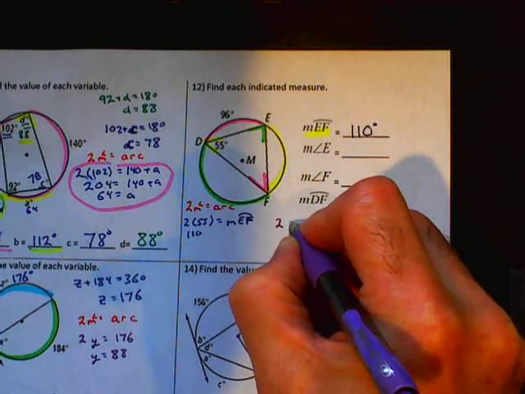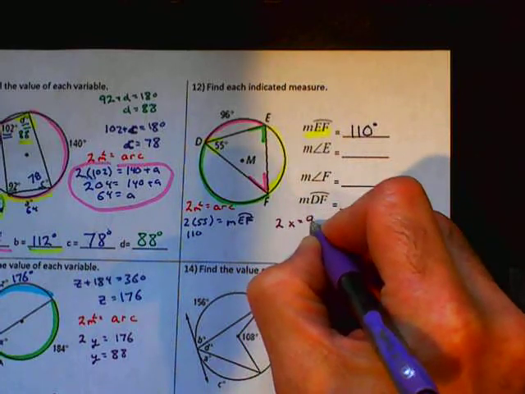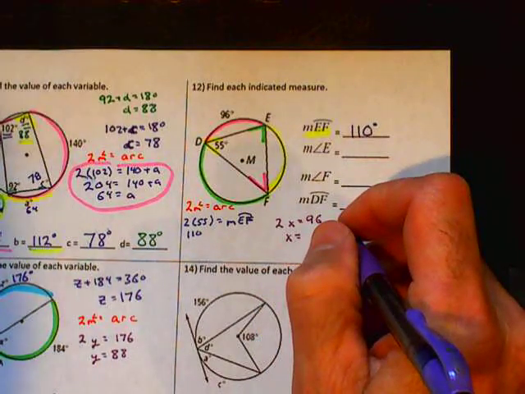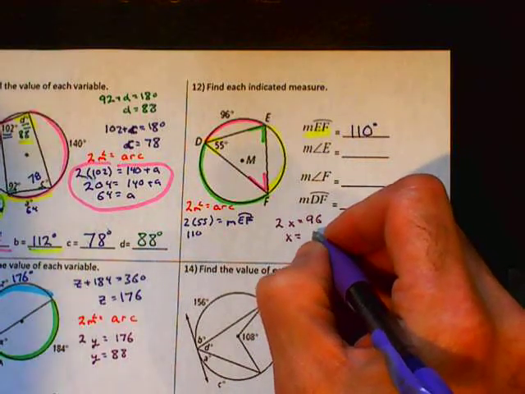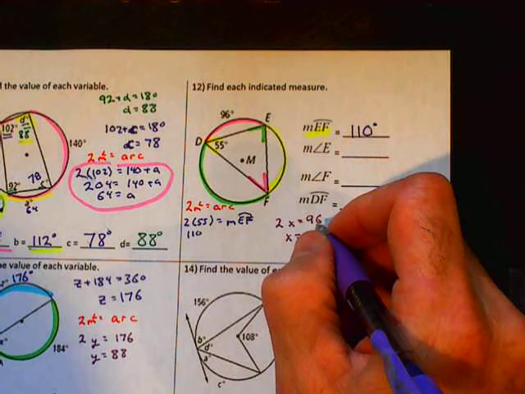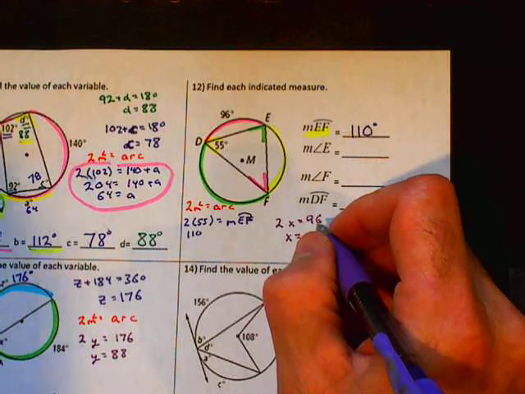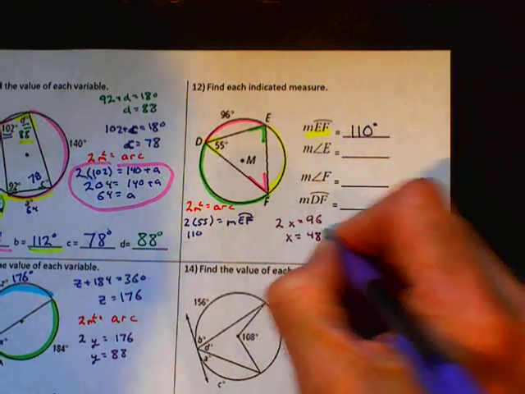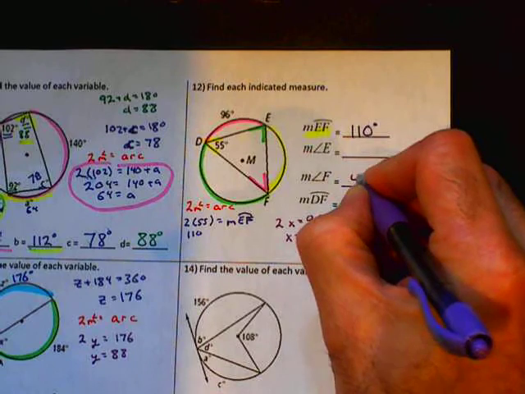2 times x equals 96, x equals 48. So this is 48 degrees.